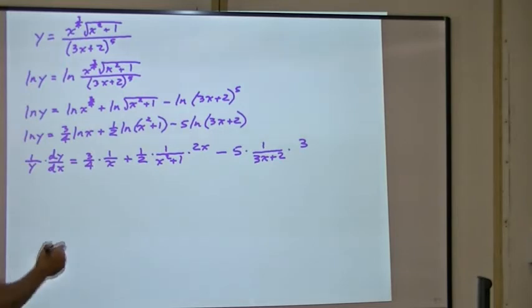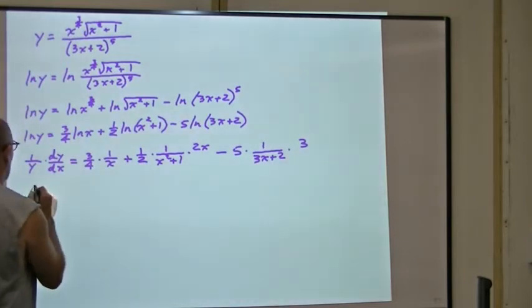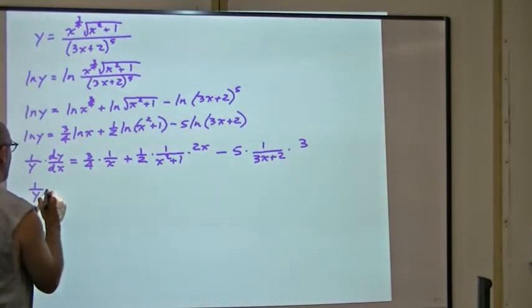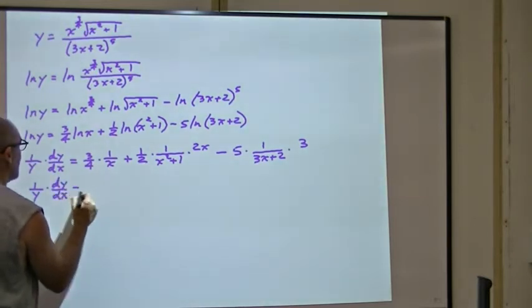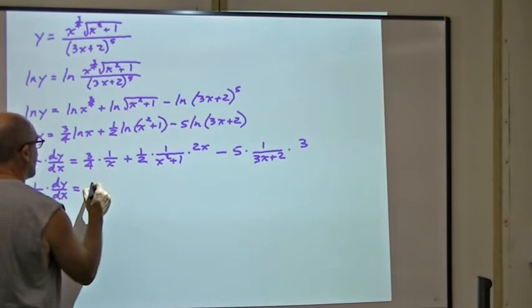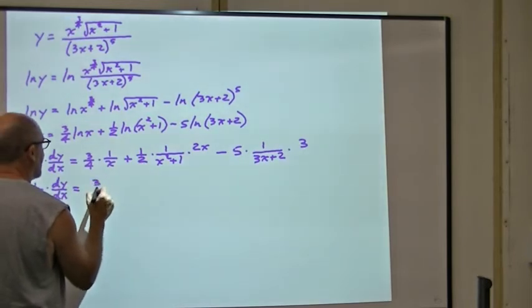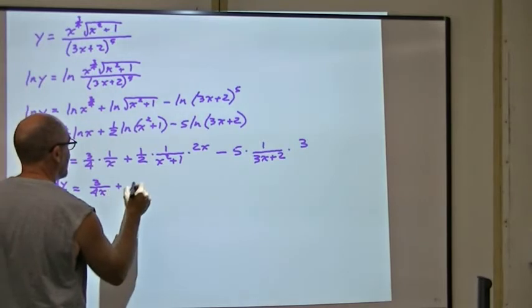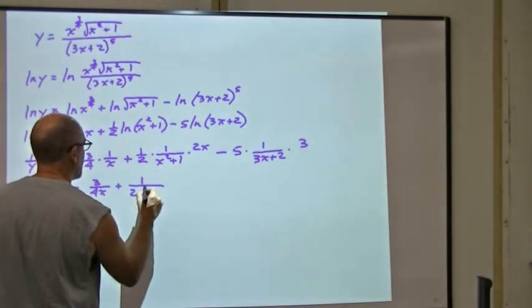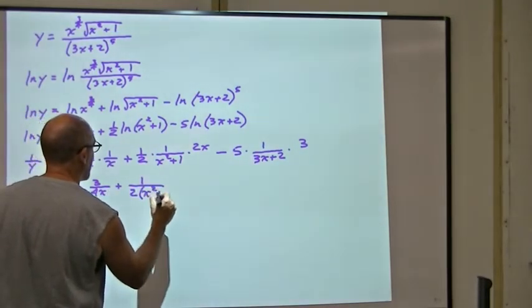Okay, so we just clean this thing up, and so 1 over y dy dx equals 3 over 4x plus 1 over 2 times quantity x squared plus 1.